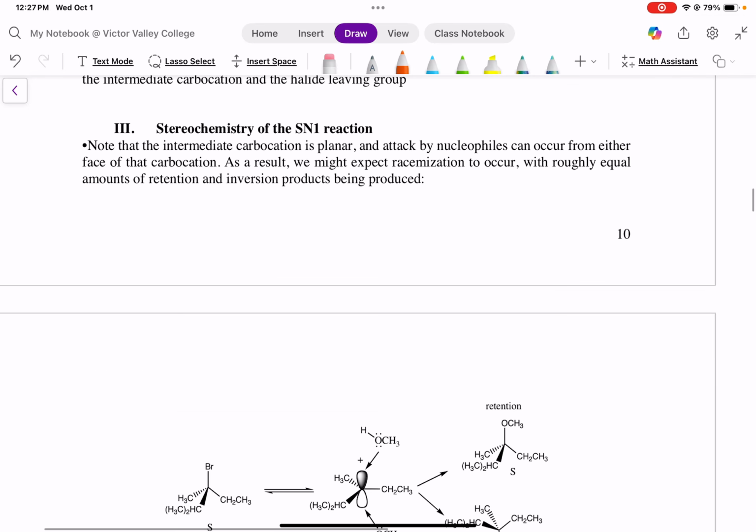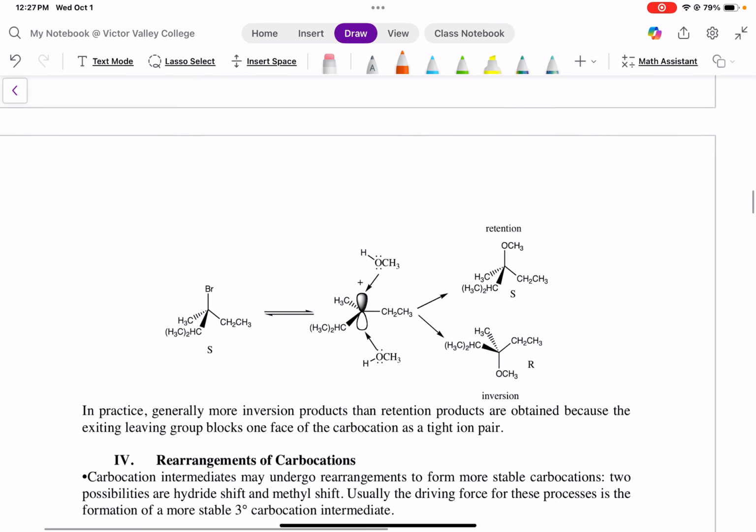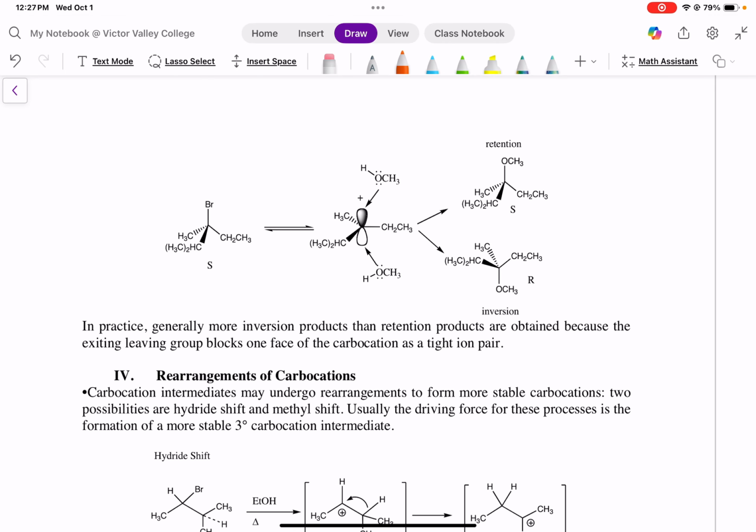Now, stereochemistry is really important. Remember, the first step is the leaving group takes off and forms the cation. The cation is planar, okay?